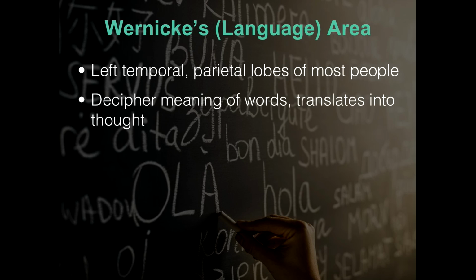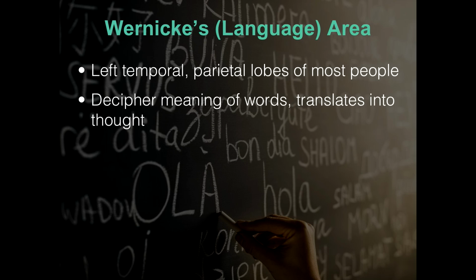It also allows you to decipher words that people say to you, to compare words that are coming in with the meanings that you have associated or stored already. And we don't often think about this. The formation of this area, for most of us, has occurred in large part through development as we learn to speak our primary language, which I'm assuming is English for most of us.